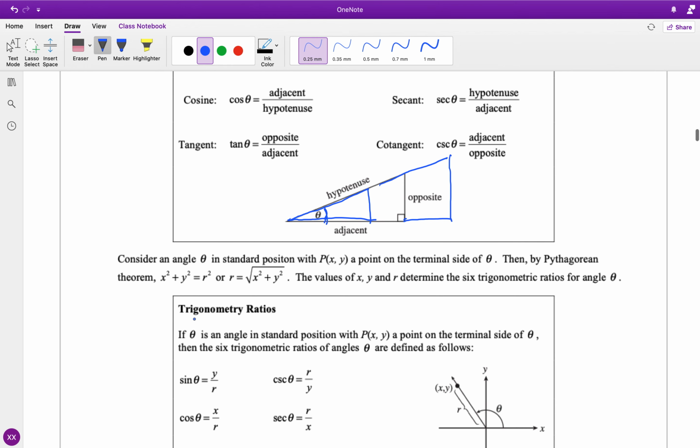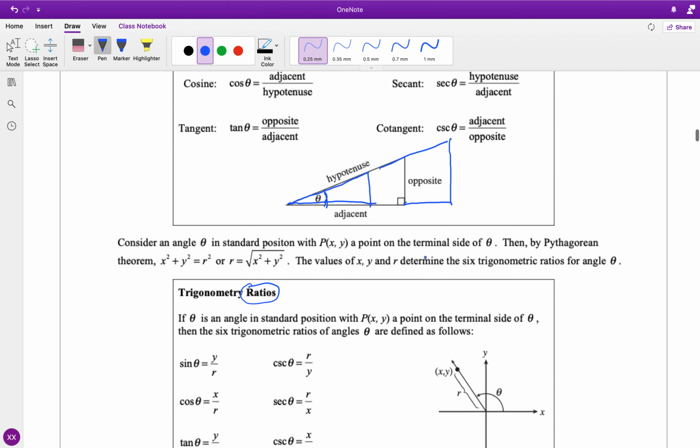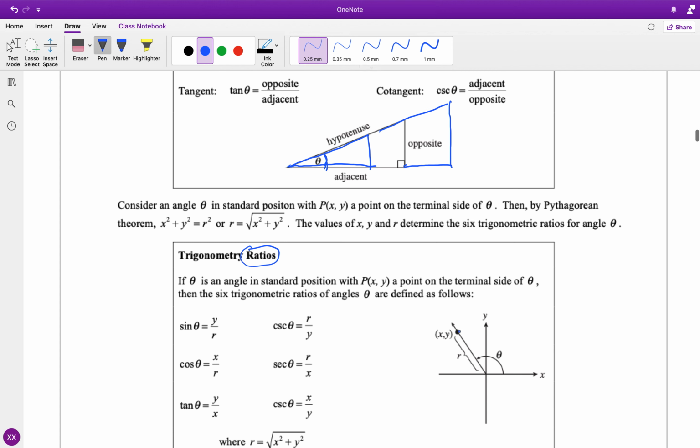Now you take a look at the trigonometry ratios. What does this mean? This means we expand our knowledge from just using a right triangle to see the ratio. Now we're putting an angle on the so-called coordinate plane or Cartesian plane.